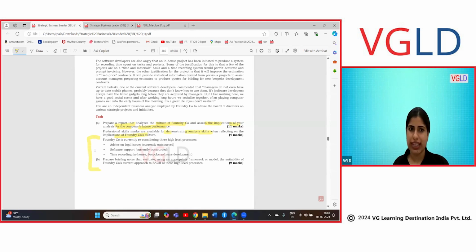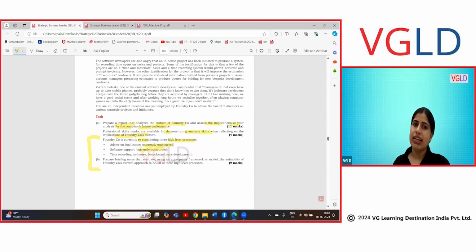Now this area relates to part B requirement. So in part B requirement, what they are saying, they are currently reconsidering 3 high level processes. First one is advice on the legal issue, which is currently outsourced. Next is they are considering the software support, which is currently outsourced.